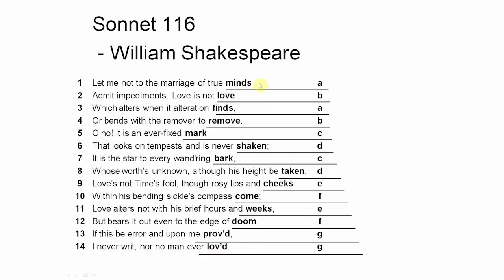Now if you look at it in a marking pattern: minds A, love B, finds A, remove B. So A, B, A, B, C, D, C, D, E, F, E, F, G, G.